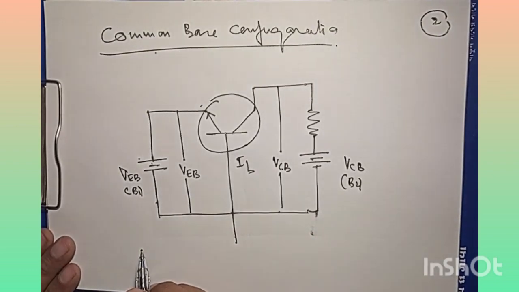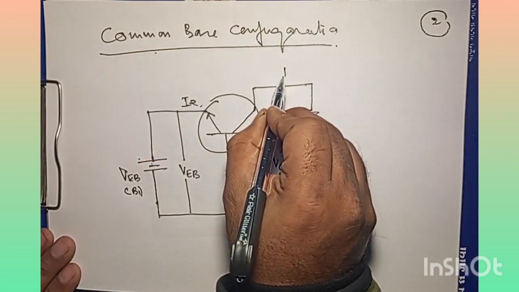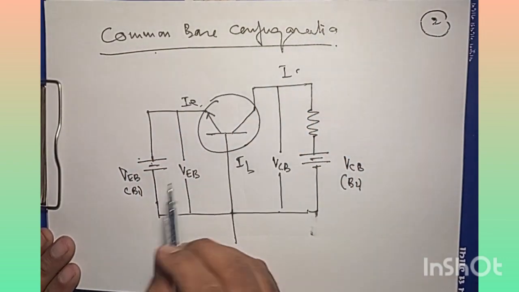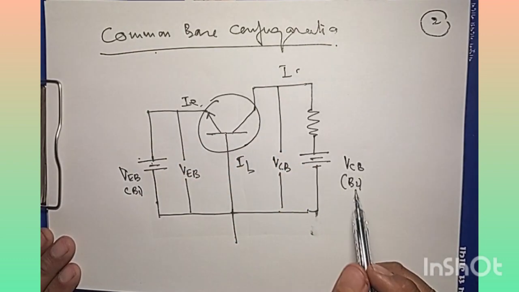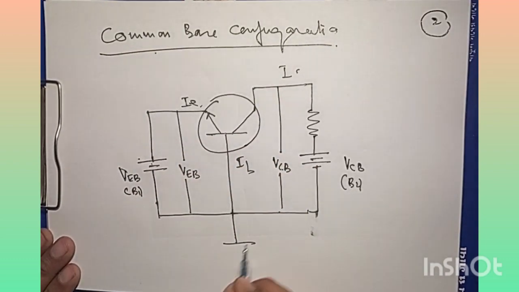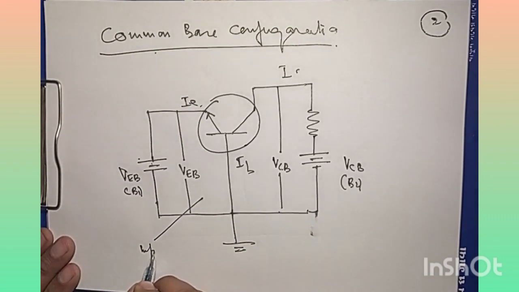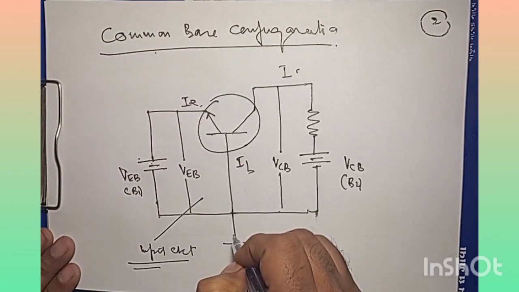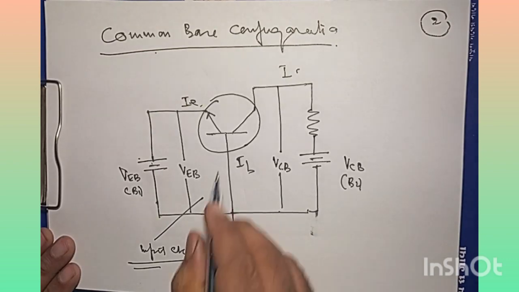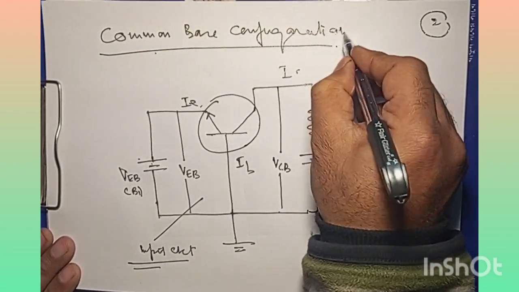So clearly this is IB, this is IE, and this is IC, right? So we have the common base configuration, and we can clearly see that the input circuit is bifurcated from the output circuit by the base terminal. This is why we call this the common base configuration of the transistor.